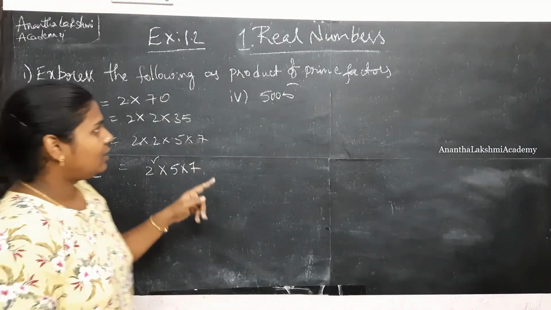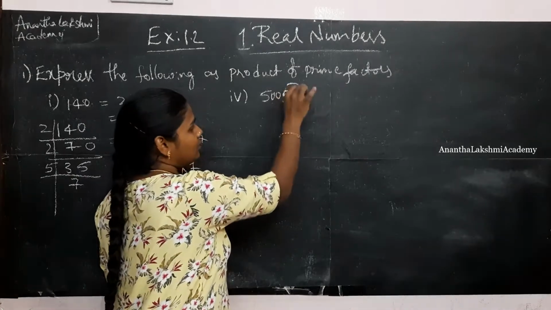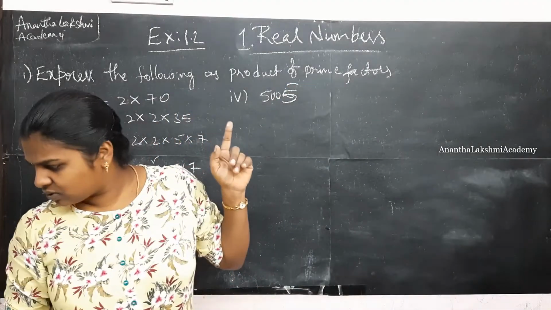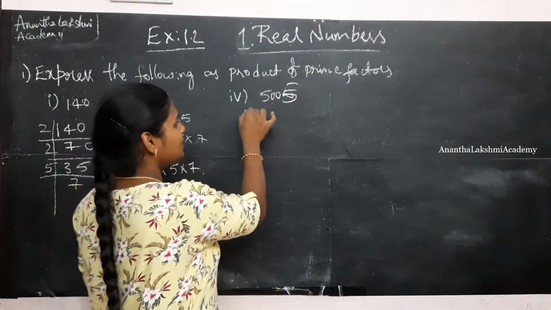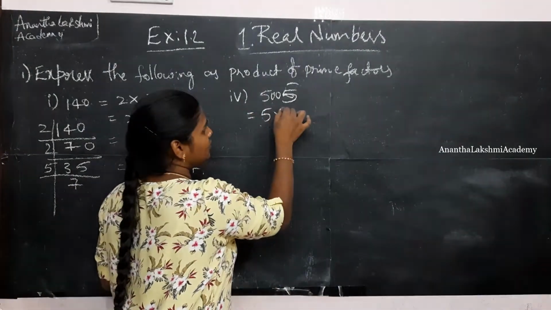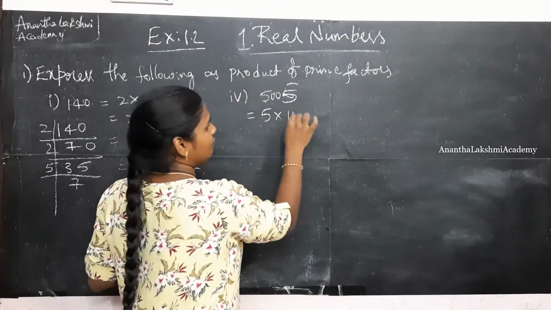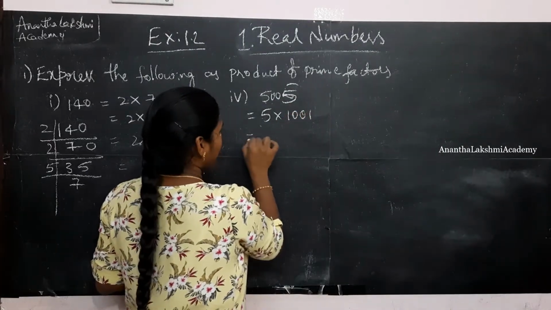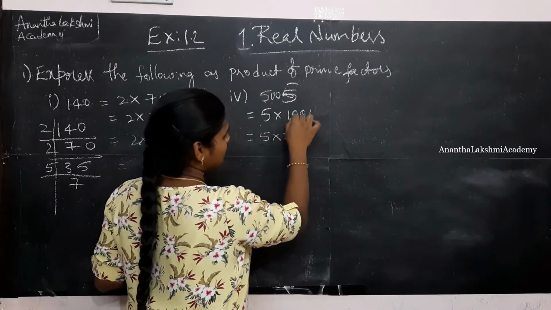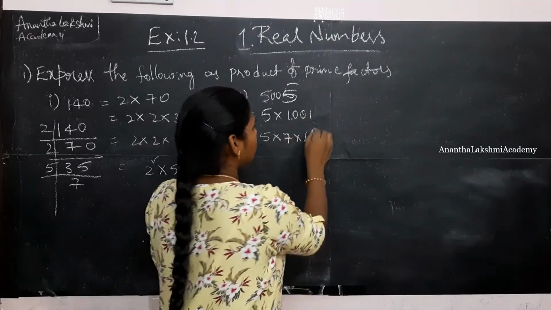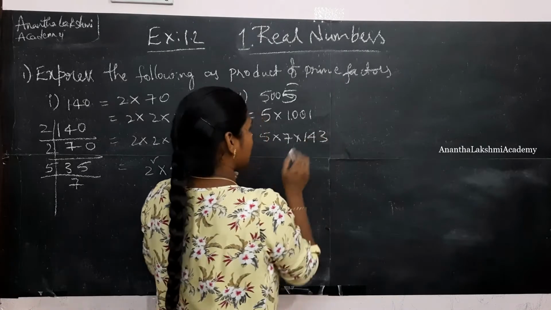I am solving the fourth bit. We have around 5 bits in problem number 1. I am solving the first one and the fourth one. So let's look at 5005. 5005 is 5 into 1001, and 1001 is 7 into 143.